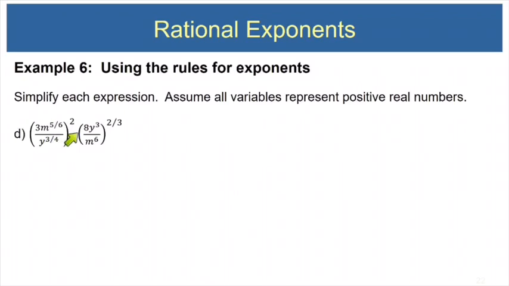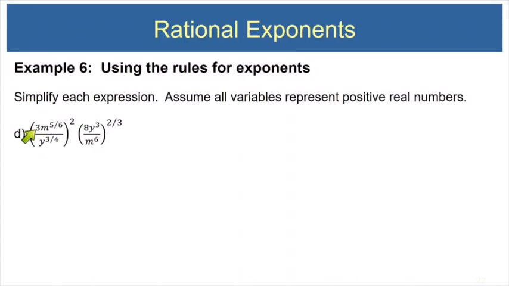And we've just got a couple more parts on this example. So here I have 3m to the 5/6 over y to the 3/4 all squared times 8y to the 3rd over m to the 6th all raised to the 2/3 power. Now I think you can look inside each parentheses and see that there's nothing to simplify. So for each one of these we're going to go ahead and apply the outside exponent.